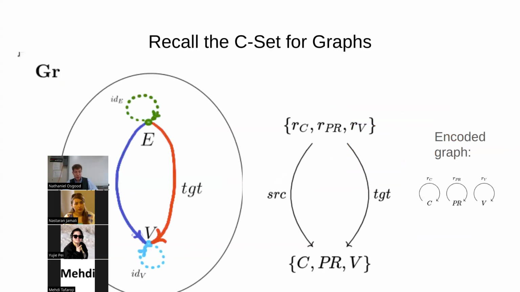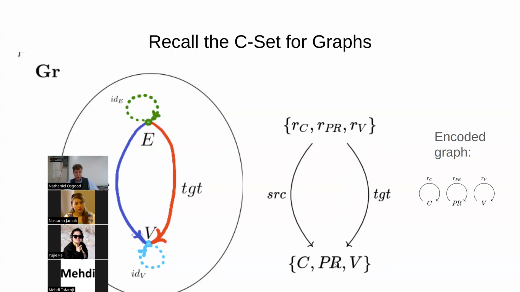Okay, let's look at this. So this is our graph schema. This is a particular C-set. It's a particular instance of the schema. Here we have vertices marked by immigration status: people here on visas, permanent resident, and citizen.